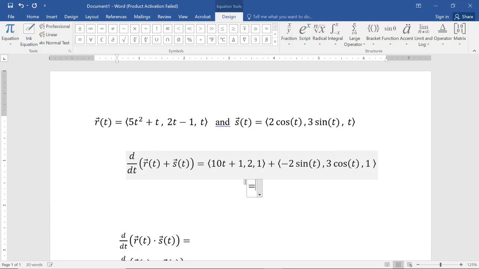Adding those things up, we just get the components added up.